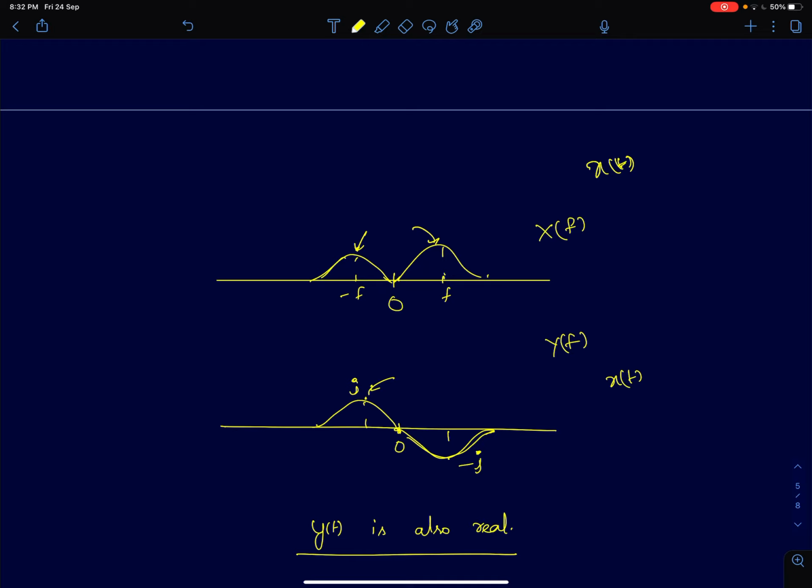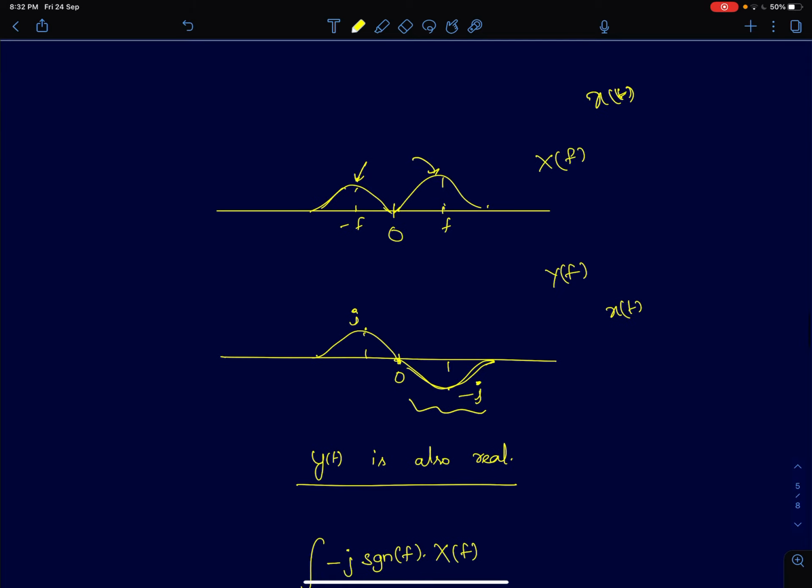Once I pass it through the Hilbert filter, all positive frequencies are multiplied by minus j, and negative frequencies are multiplied by plus j. So again the conjugate symmetry holds. Which means if I pass a real signal through a Hilbert filter, the output will also be a real signal. That should sound obvious because you're convolving the input with a real function 1 by pi t. So the output should also be real.